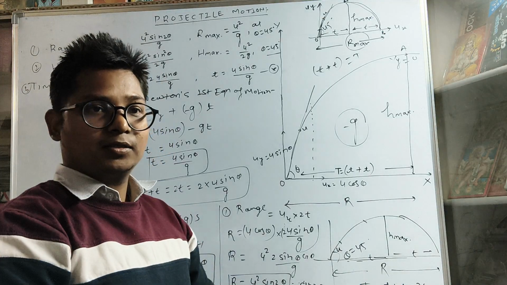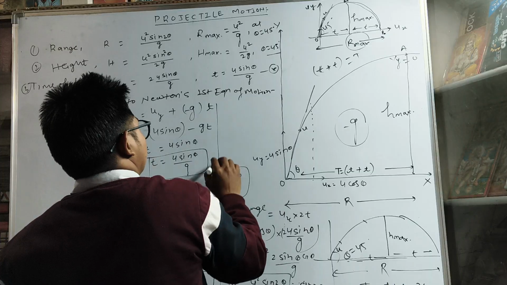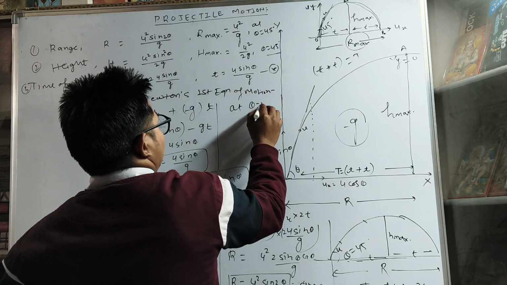So we can obtain the three equations of projectile motion, and the most important thing is what happens at theta equal to 45.